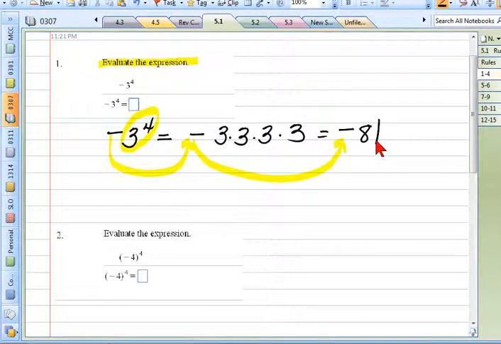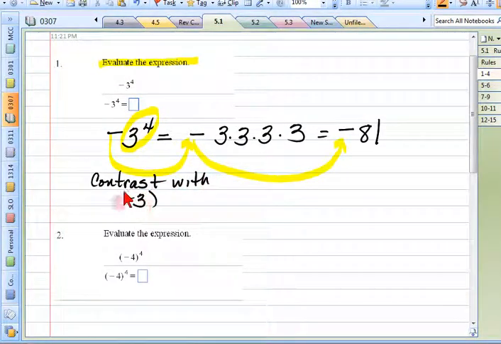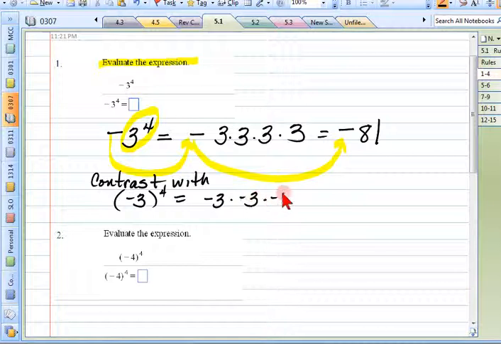Now let me show you what many of you are beginning to process in your mind and maybe get confused by. I want you to contrast this with negative 3 in parentheses to the 4th power. This is a different problem. The negative 3 is the base because I put it in parentheses. It means negative 3 times negative 3 times negative 3 times negative 3.